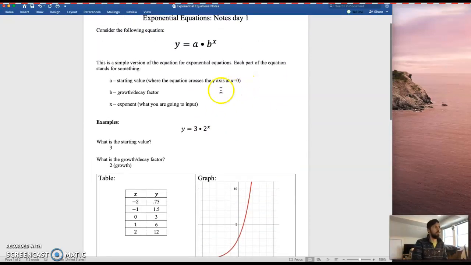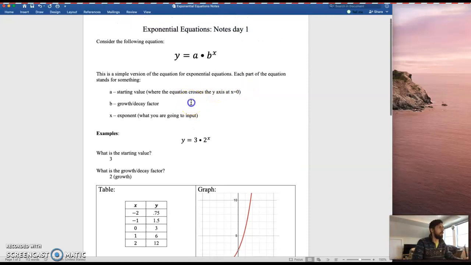So that is actually a rule. Something is growth when b is greater than 1, and decay when b is less than 1.